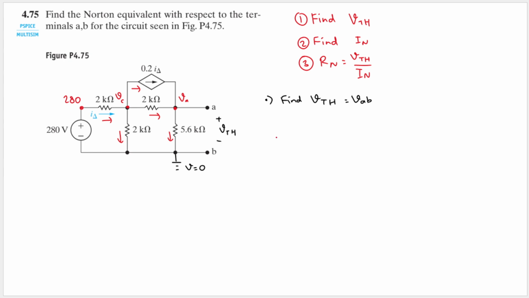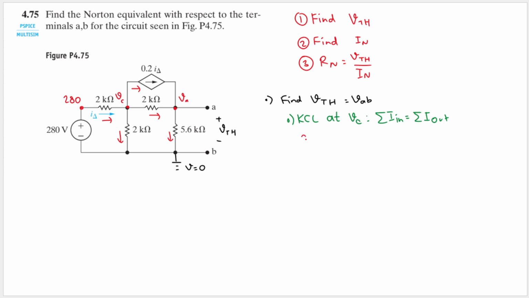Okay, now let's do KCL at VC. KCL said that the sum of the currents that goes in will equal to the sum of the currents that goes out. And the only current that goes in here is this one here.